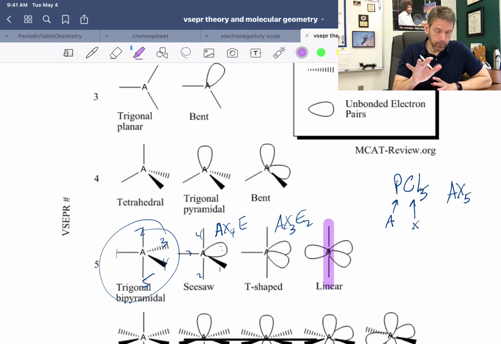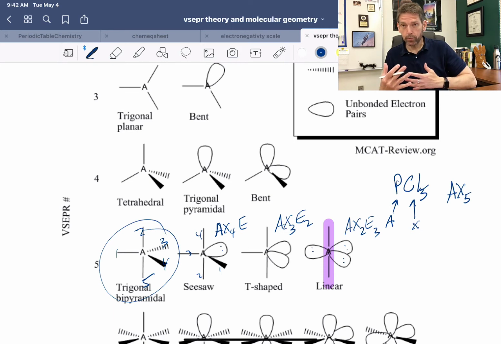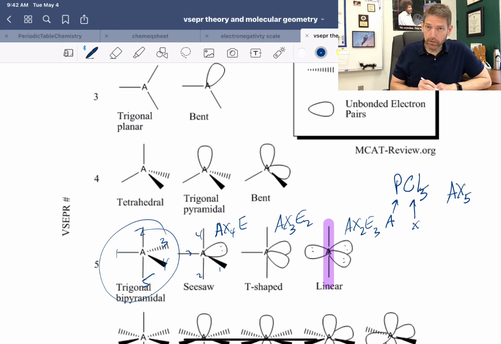So that's what's being looked at as far as that goes. But then you remember you still got your lone pairs here and here, so that would be A, there's 2 X's, and then there's an E3. So just a side note, I wanted to help you out because I know this part is new for some of you.